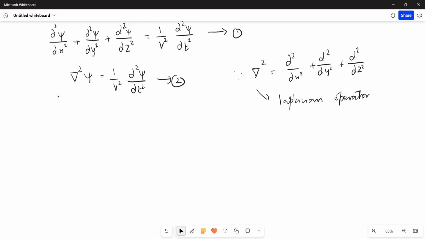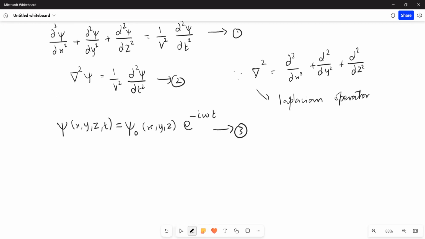That solution gives us a periodic displacement in terms of time t. So the solution can be represented as psi of x, y, z, t equals psi naught of x, y, z times exponential of minus i omega t. This is equation number 3.